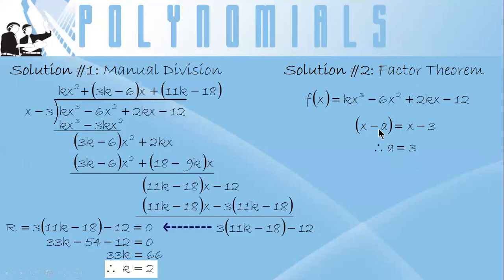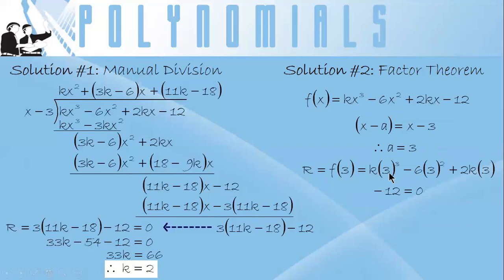Since x minus a is x minus 3, therefore a is just 3, not negative. The remainder r is f of 3, so substitute 3 for x. Equate to 0 right away, because it's a factor.